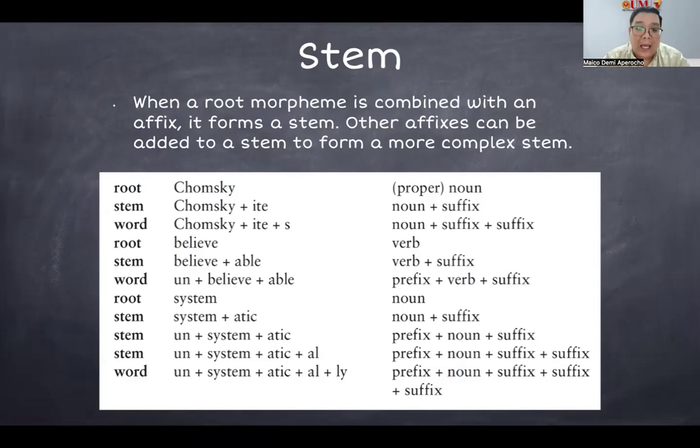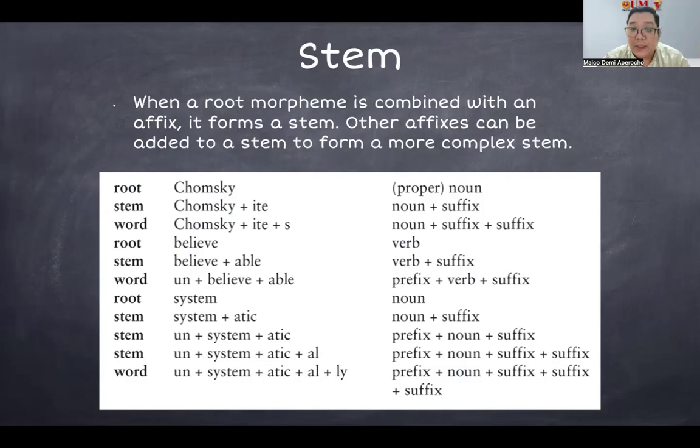But when we add the suffix ite to make it Komskite, we have a noun plus suffix formula, so it becomes a stem. Komski, in this example, is already a stem, not anymore a root. So when we formulate the word Komskites, noun plus suffix, that becomes a word already.